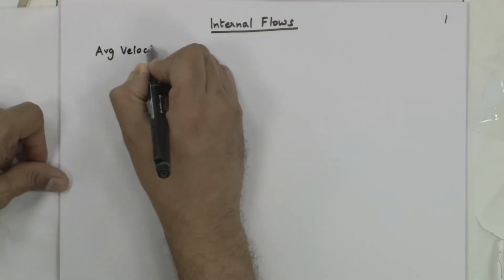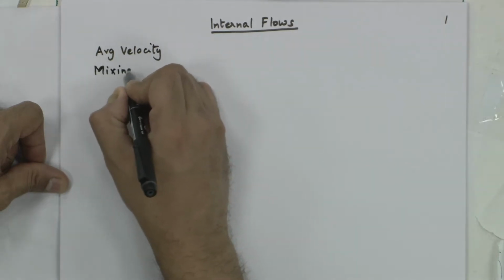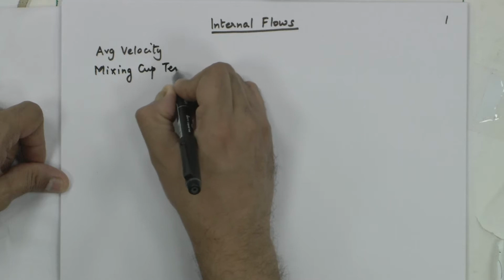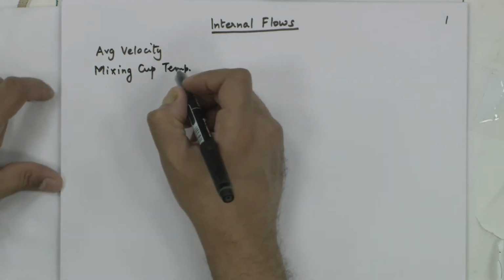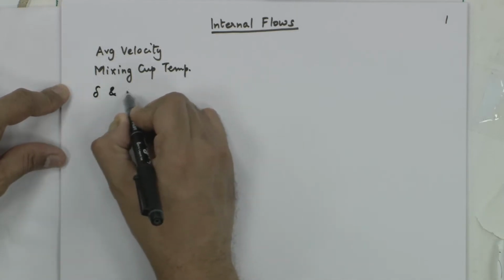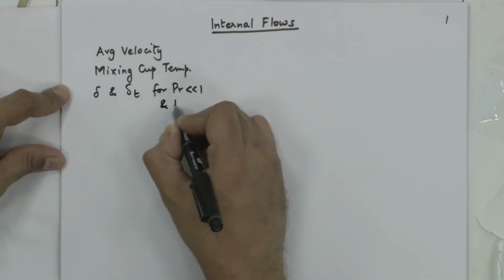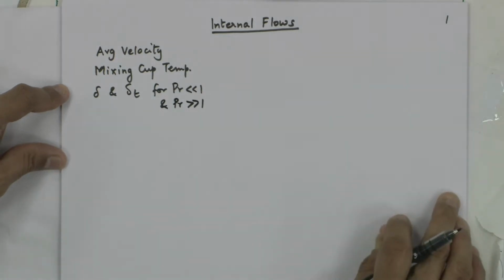So, we will use that idea of liking a particular topic to a good extent to cover something from a fundamental point of view. So, we are going to talk about the concept of average velocity, mixing cup temperature, then we will talk about hydrodynamic and thermal boundary layers for Prandtl number less than 1 and Prandtl number greater than 1 cases.